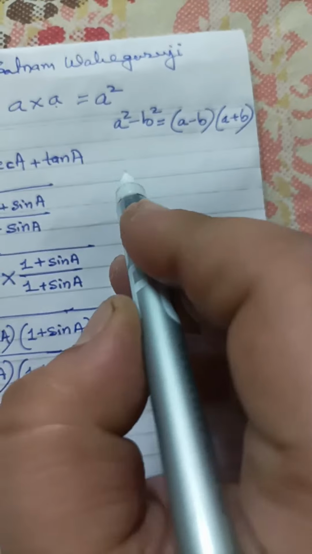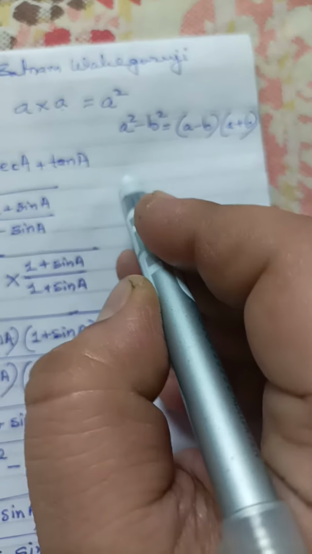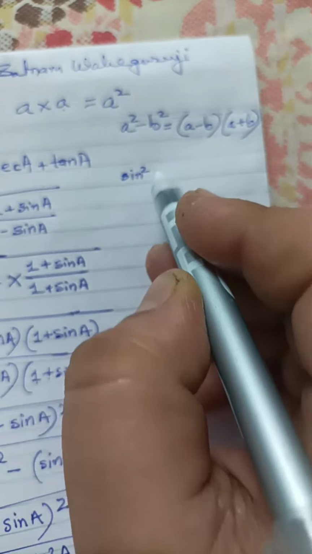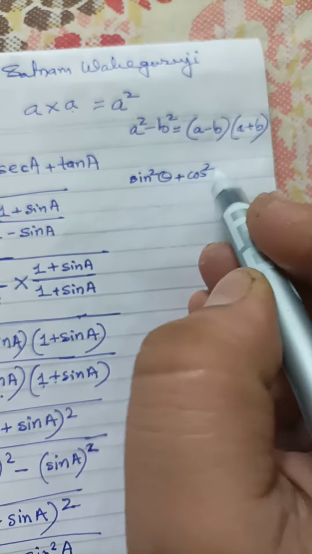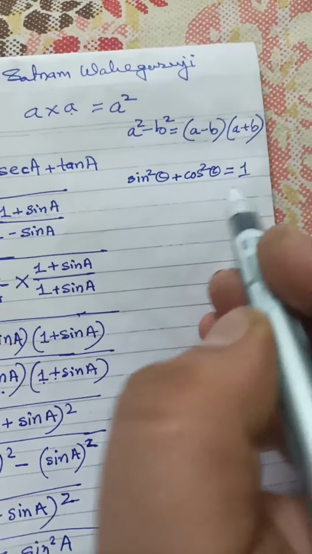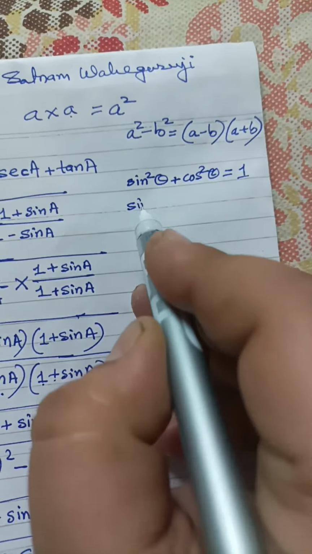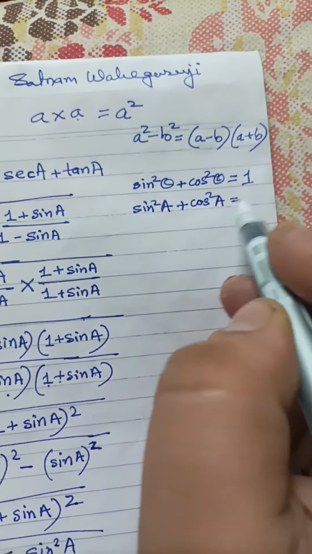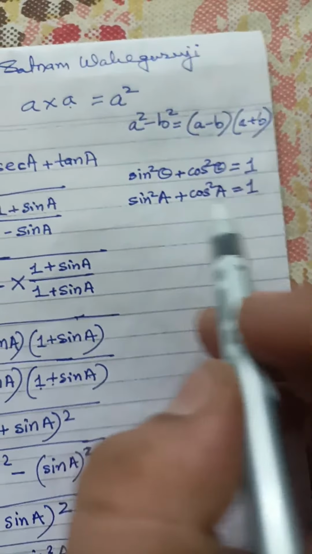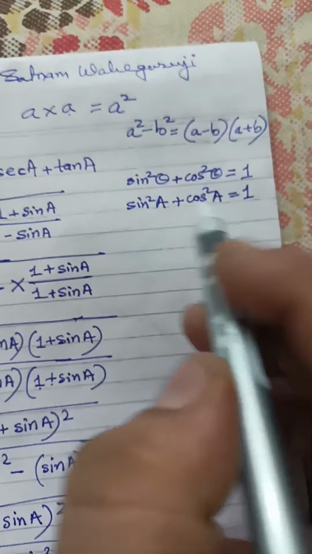We all know a trigonometric identity which says that sin square theta plus cos square theta is equal to 1. Similarly, sin square a plus cos square a is equal to 1. This is the basic identity of trigonometry.